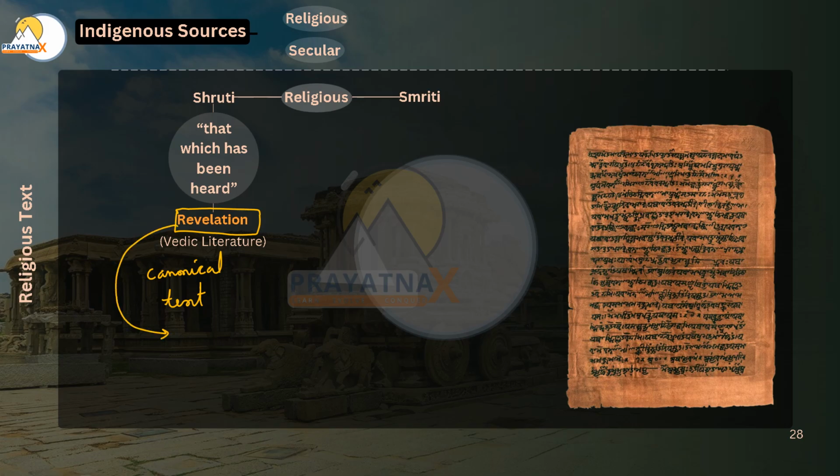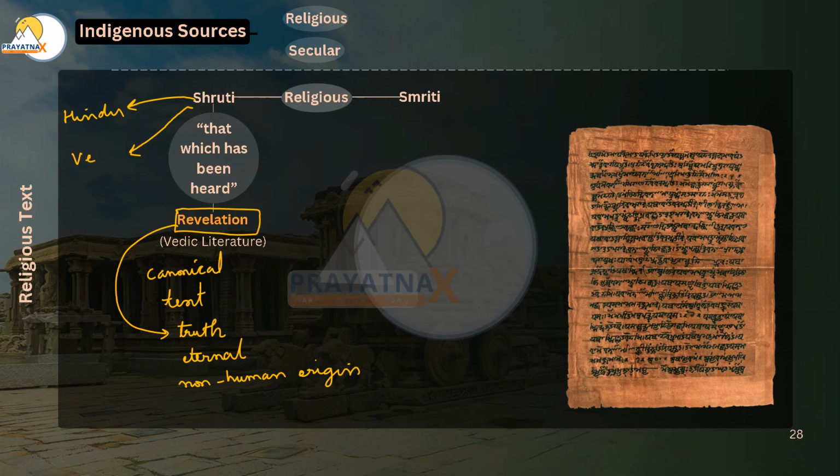This is an unquestionable truth which is eternal and of non-human origin. Shruti basically forms the foundation upon which the teachings and tradition of the Hindu religion are based. It describes the sacred text which forms the central canon of Hinduism itself.